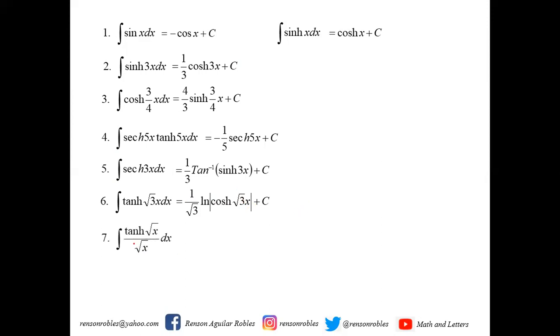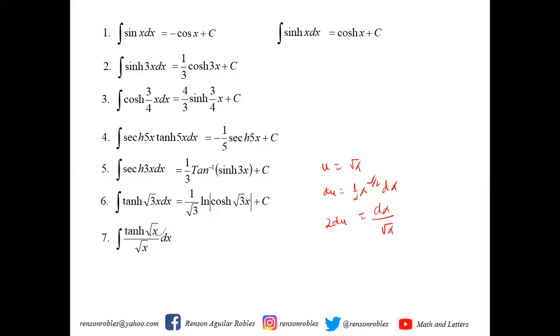Okay, another one. Say we have tanh of square root of x over square root of x. From here, you can observe that u is equal to square root of x, and du is 1/2 x raised to negative 1/2 dx, or 2 du is equal to dx over square root of x.